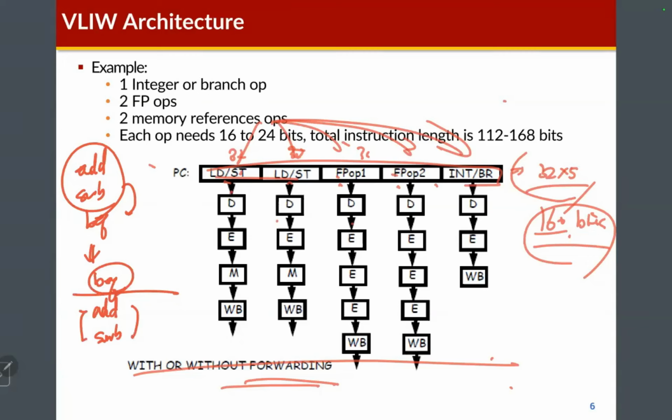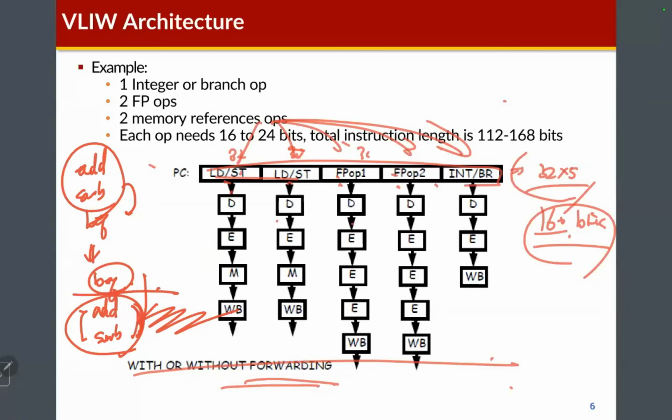Which means we can move the independent instructions down to the branch instruction. So if delayed branch is supported, then we don't need to flush these instructions, even though the branch instruction is taken. That is the delay.